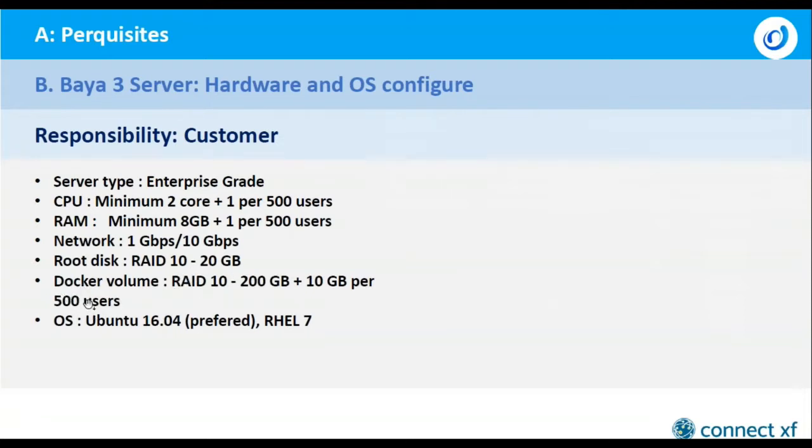Depending on your user base or sizing, you can add 10 GB per 500 users of space to this volume. These two have to be separate partitions, root and Docker volume, with separate RAID configured. And for OS, Ubuntu 16.04 is the recommended or preferred OS, but if required, you can also have RHEL 7 installed.